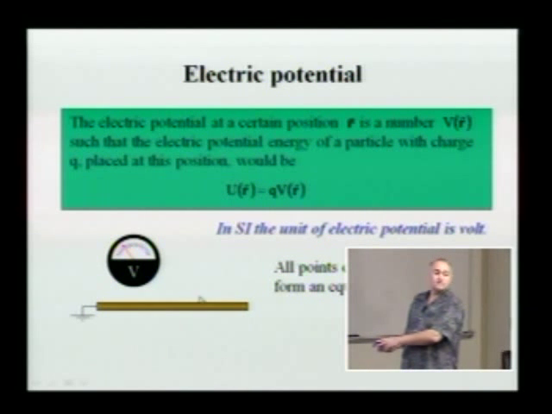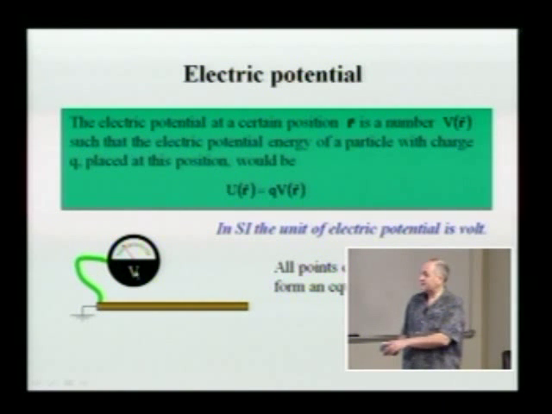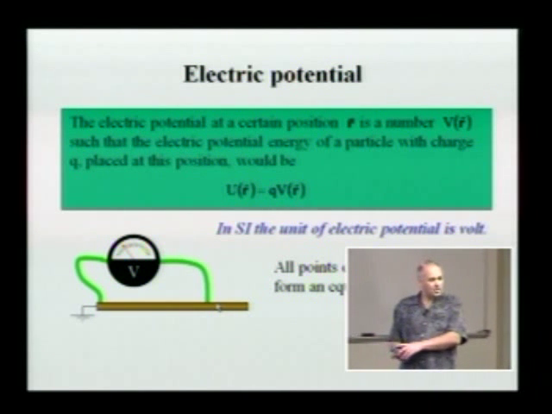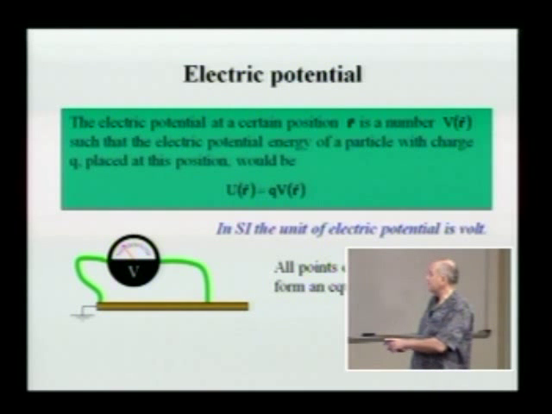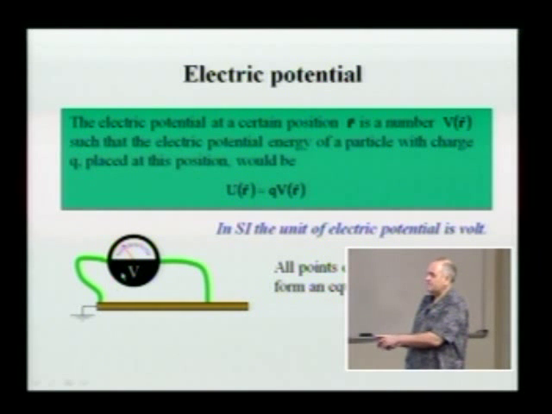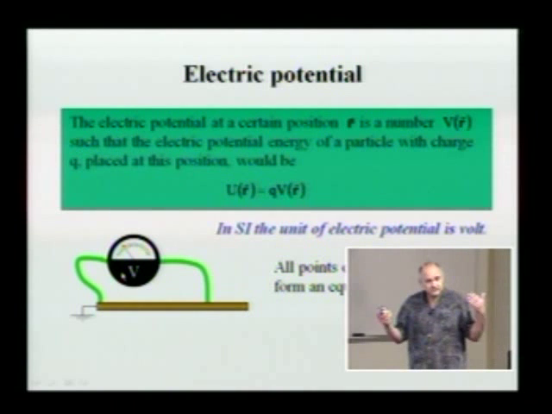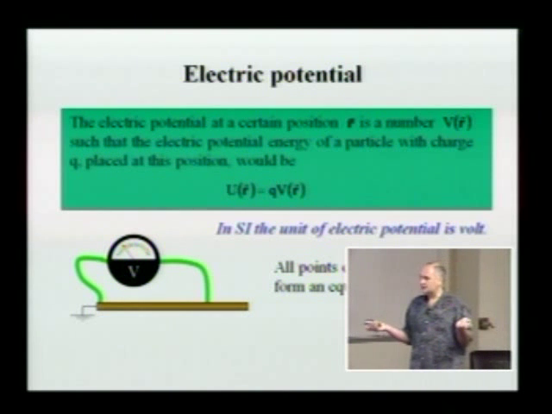So in order to determine potential at a particular location, I have to connect one terminal of the voltmeter, actually that lower potential, the minus terminal of the voltmeter, to the reference point, and the other end of the voltmeter to the point where we are interested in the potential, and the voltmeter will display the potential.